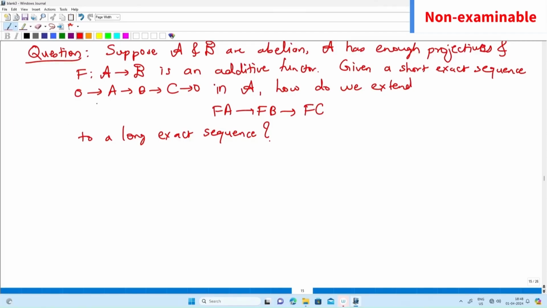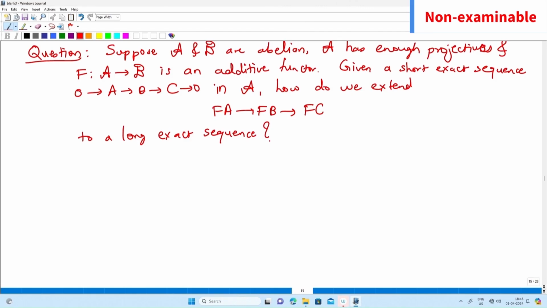The things that you construct on this side, yeah, if F is a left exact functor, then what will happen? Then you will get a 0 here, so you can continue it to be 0, 0, 0. If F is exact, then you will get 0 on both sides. If F is right exact, then you will get 0 here and you can continue it as 0 on this side, but not on this side.